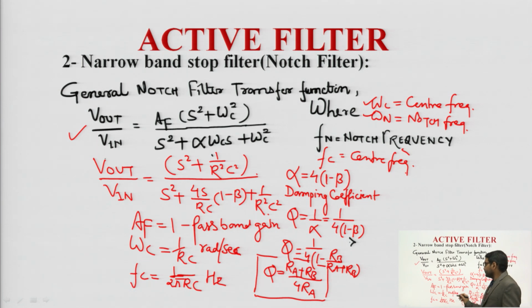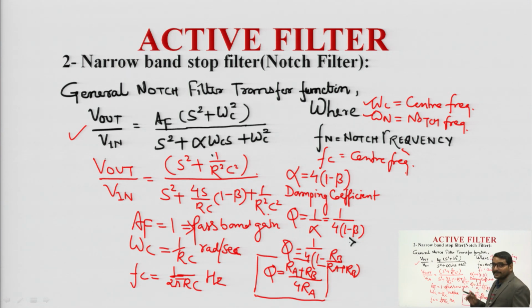If you compare these two, we get AF, the pass band gain of a notch filter, equal to 1, and comparing omega c square equal to 1 upon R square C square, we get omega c equal to 1 upon RC radian per second, or in hertz, Fc equal to 1 upon 2 pi RC. Alpha is the damping coefficient, and if you compare these two equations, we get alpha equal to 4 (1 minus beta).